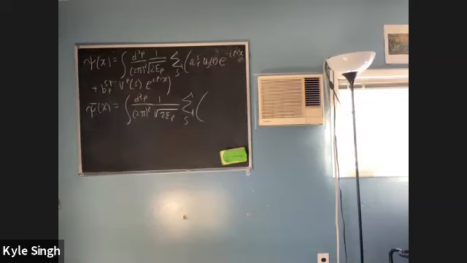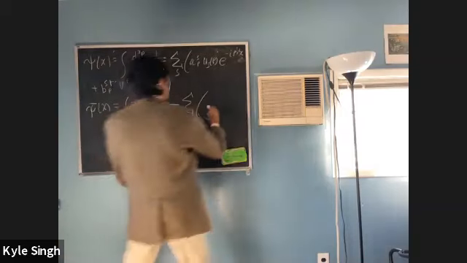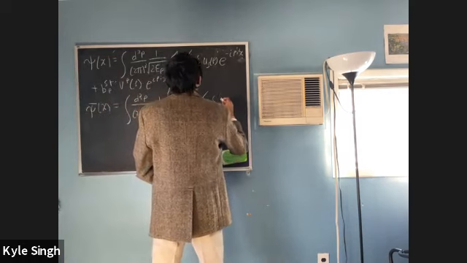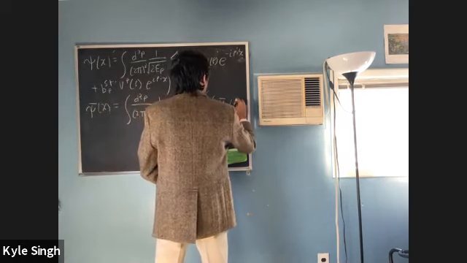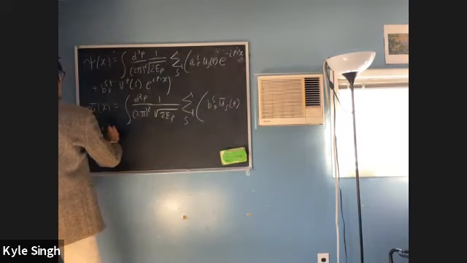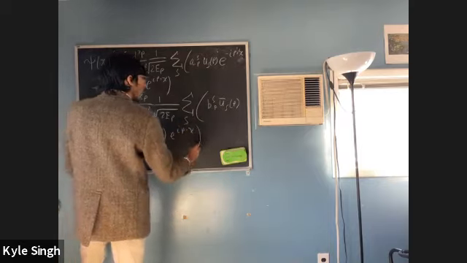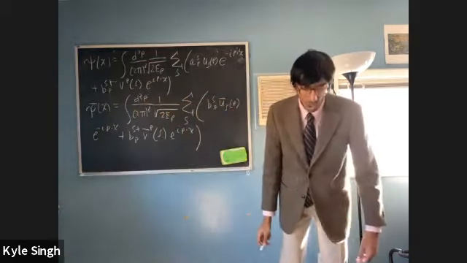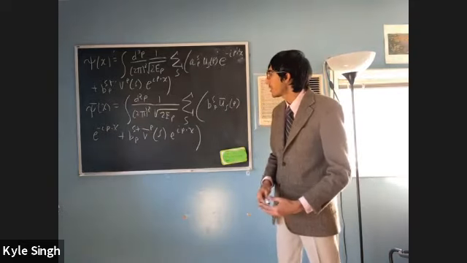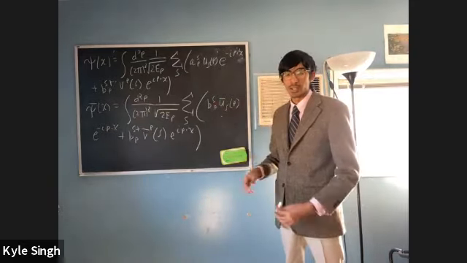All of the signs are going to kind of change. So basically, we have b_s(p) u bar_s(p) e to the minus i p dot x plus a_s dagger(p) v bar_s(p) e to the i p dot x. Bam. That bar takes care of everything. Those are the adjoint spinors. And we have our mode expansions.